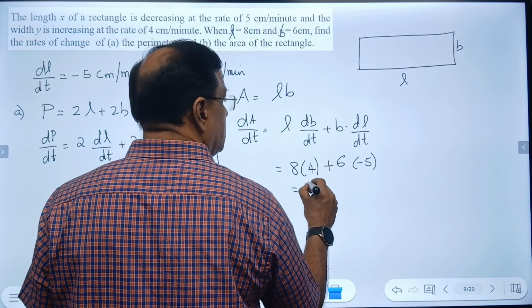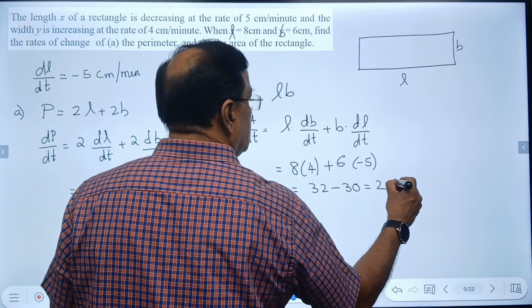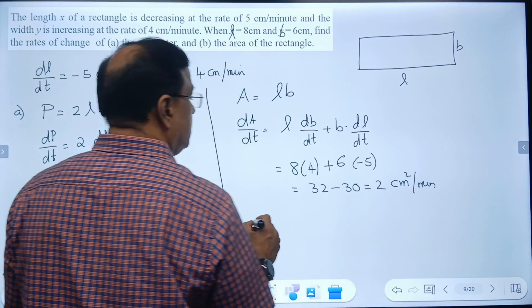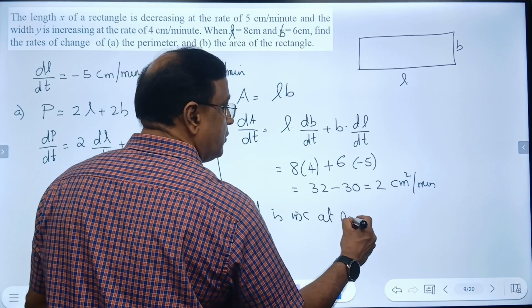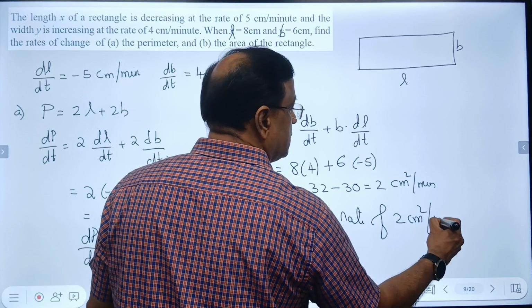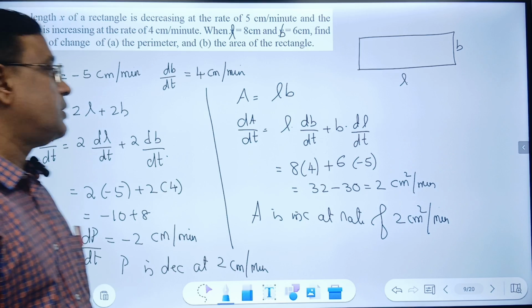So this is 32 minus 30, therefore this is 2 centimeters square per minute. Since it is positive, you can say area is increasing at the rate of 2 centimeters square per minute. So here the perimeter decreases, the area increases. Okay.